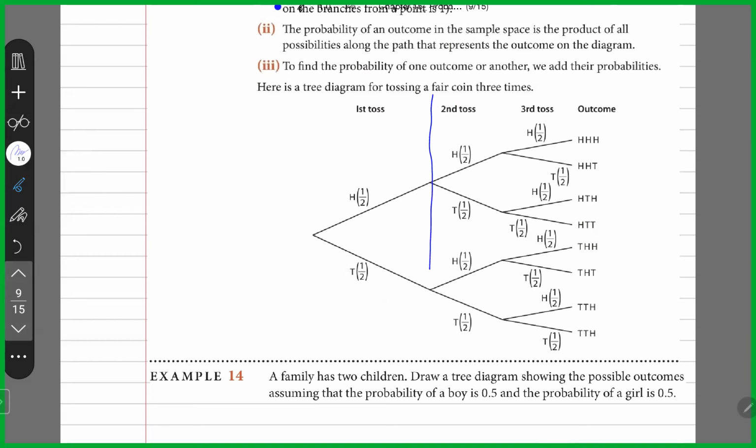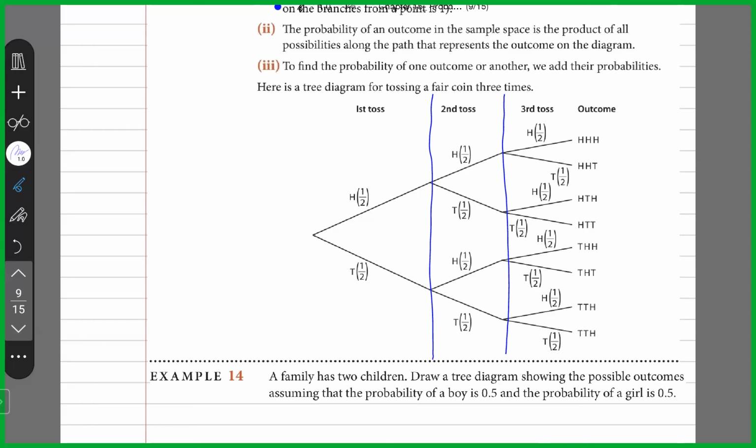In the first toss, you could have either a head or a tail. The probability of a head is a half, and the probability of a tail is a half. This is the second toss. And then the possibilities of the third toss.